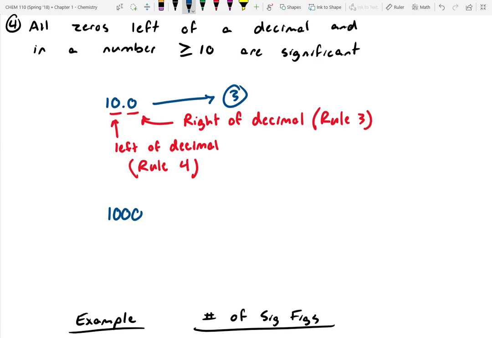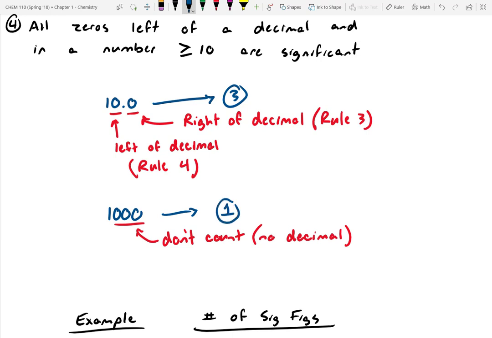So do we count any zeros left of a non-existent decimal? No. So in this case, these ones don't count, since there's no decimal. Therefore, this number, 1,000, technically only has one significant digit.